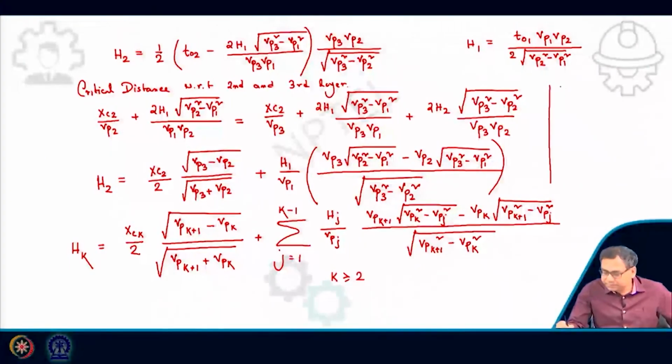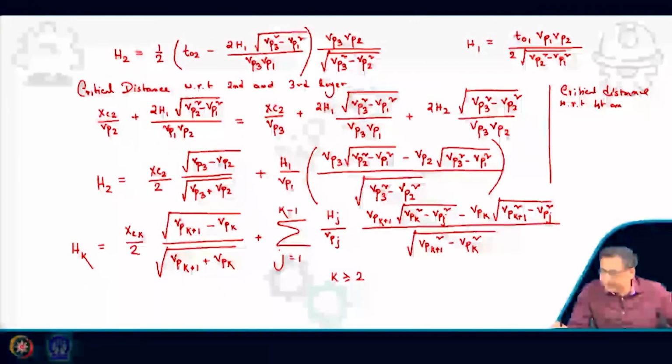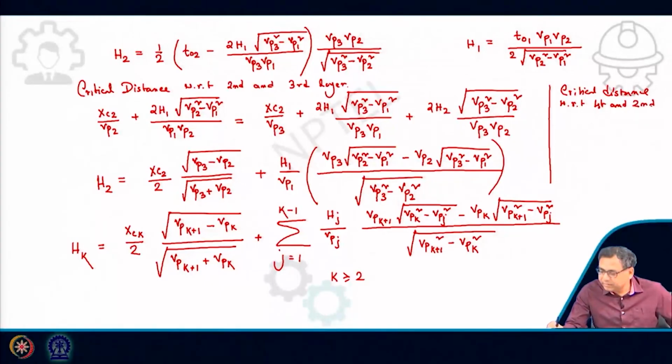That means the critical distance with respect to the first and second layers.